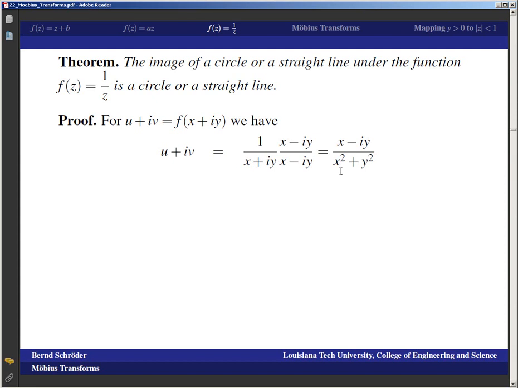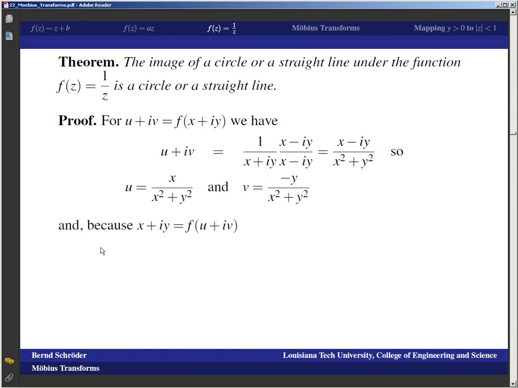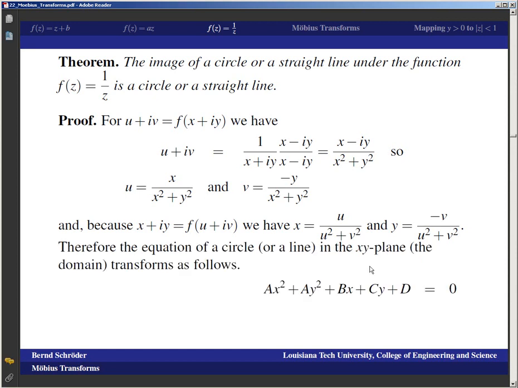We end up with (x - iy) over (x² + y²), which means that u is x over (x² + y²) and v is negative y over (x² + y²). And because this function is its own inverse, we have that x + iy is f(u + iv), and that means x is u over (u² + v²), and y is negative v over (u² + v²). That's just by interchanging u with x and v with y.